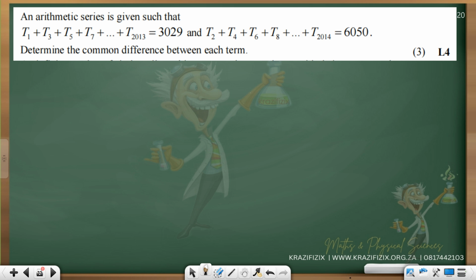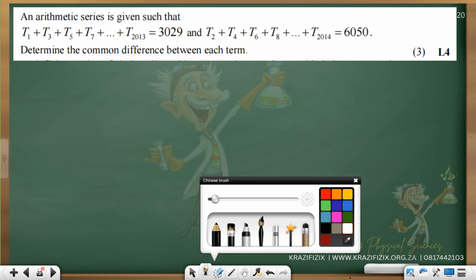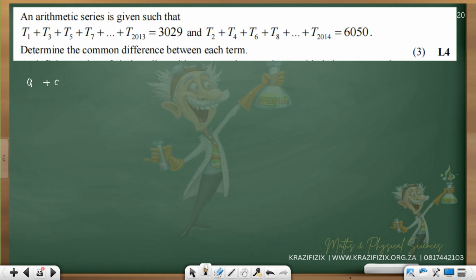It's quite a challenge. But let's approach it somehow. Okay, so if I change all the T's to A's, would that help me? So I'm going to think this through with you, okay? If I work with the first one, it's A plus 2D.